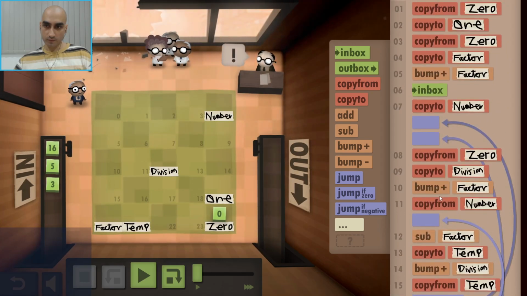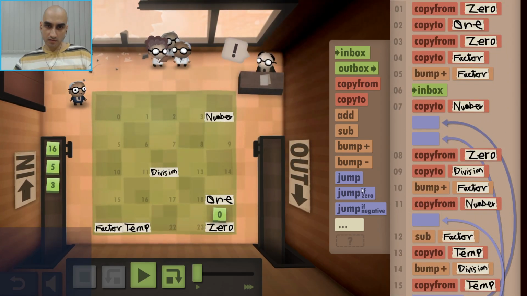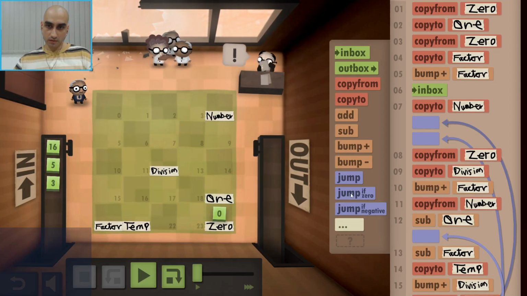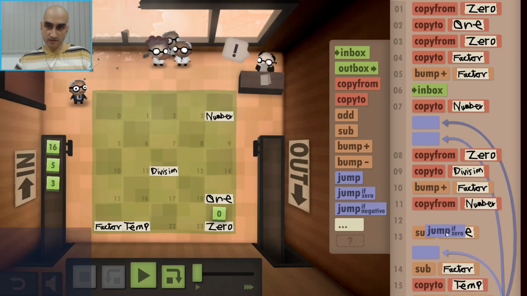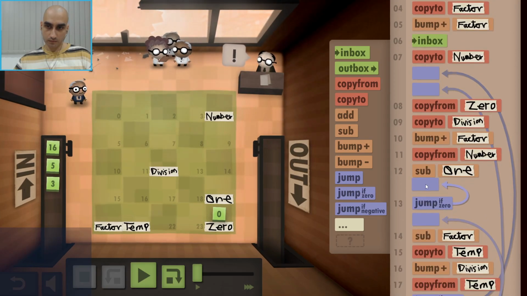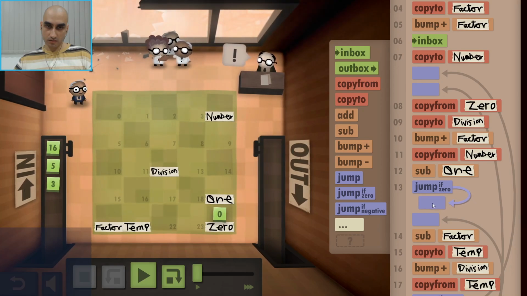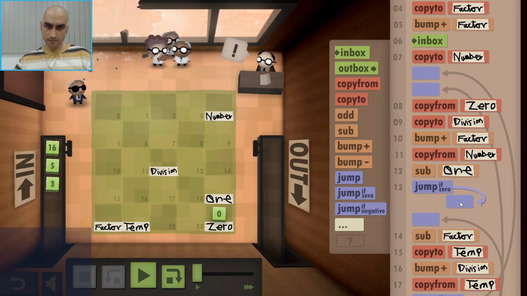So we pick up our number. Ugh. Okay, well, we're going to have to subtract 1. If it's 0, we don't have to output any more factors.